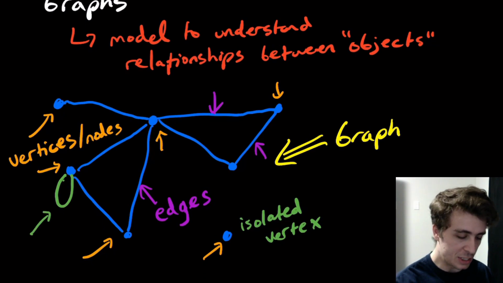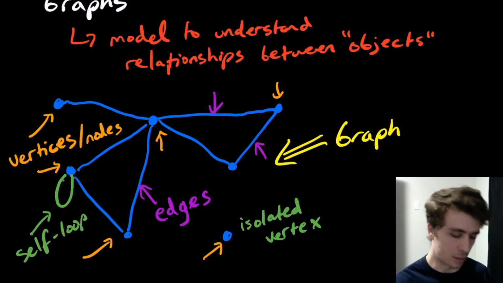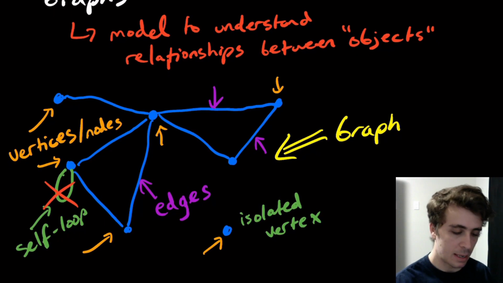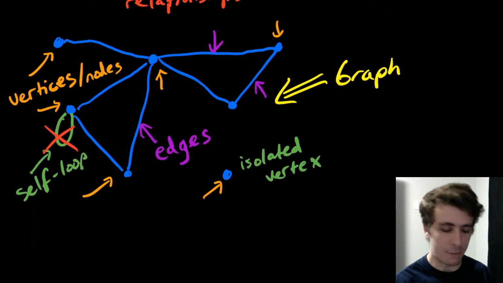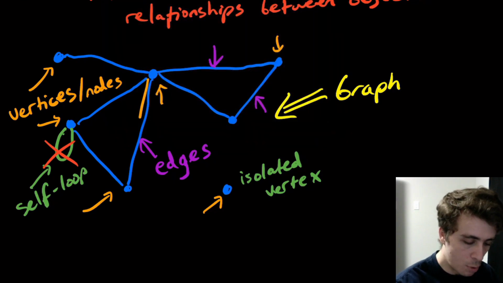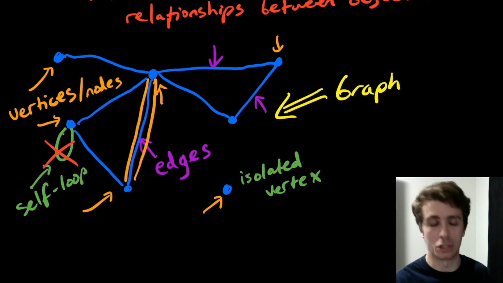This is something called a self loop. I want to make sure that it's appearing on screen. Yeah, so that's something called a self loop. But sometimes we omit those in our model of a graph. And sometimes, actually, we have multiple lines between the same pair of vertices.